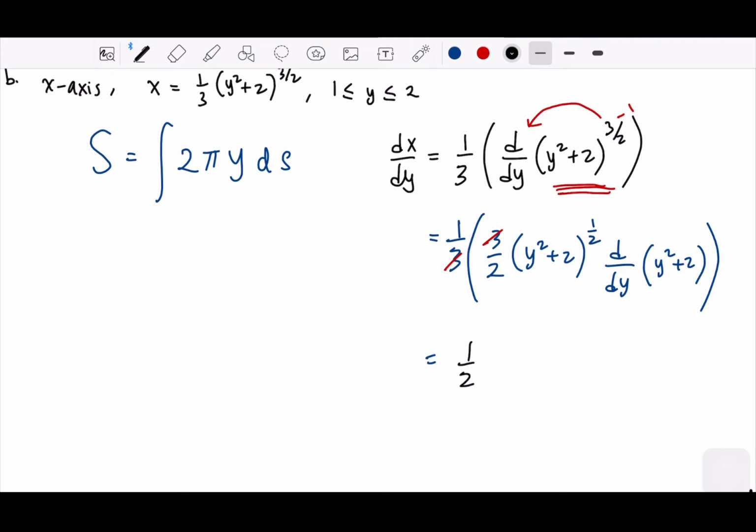So half times (y squared plus 2) to the half, and then the chain rule is 2y, also canceling this out. So finally, we get y times the square root of y squared plus 2. Or you could write it with a square root: y times the square root of y squared plus 2. I think it's a regular derivative, but it's on y.